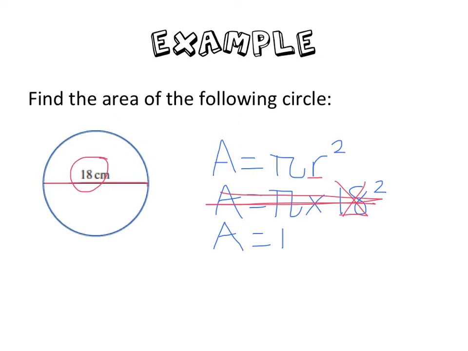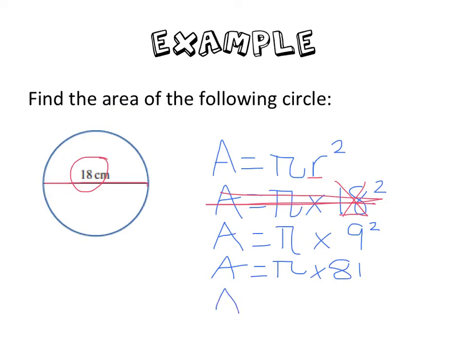Area equals pi multiplied by, if 18 is the diameter, I know the radius is half of the diameter, so it'd be 9 squared. So area would be equivalent to pi multiplied by 9 nines are 81.